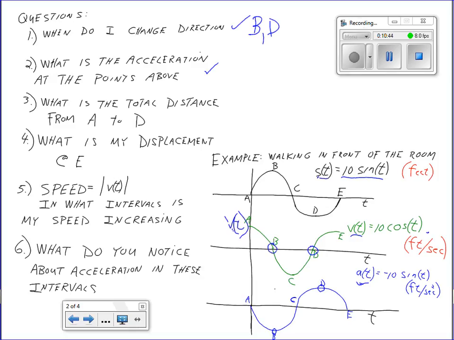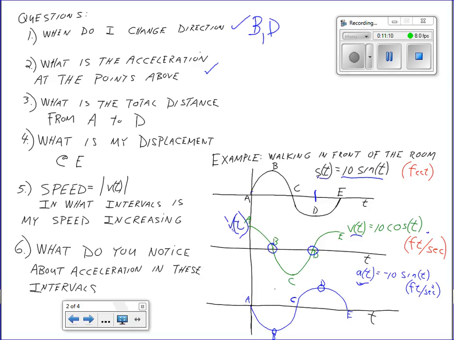What is the total distance from A to D? From point A to D, notice A to B is what? I go to the window, that's 10 feet. This is the middle of the room.